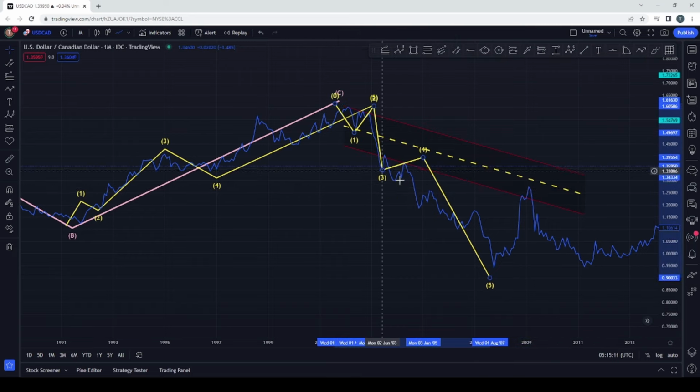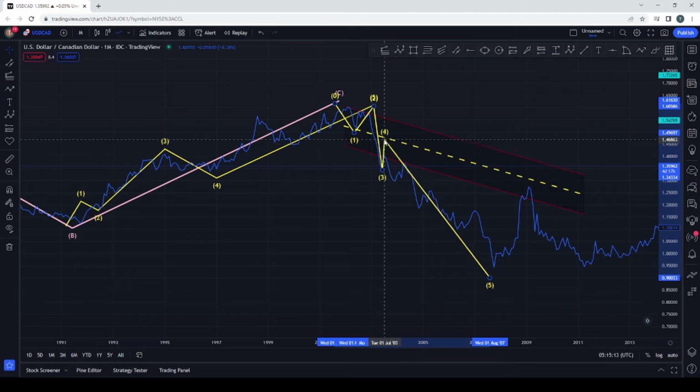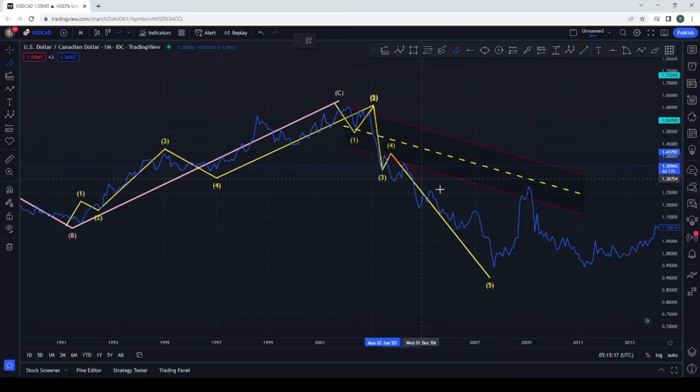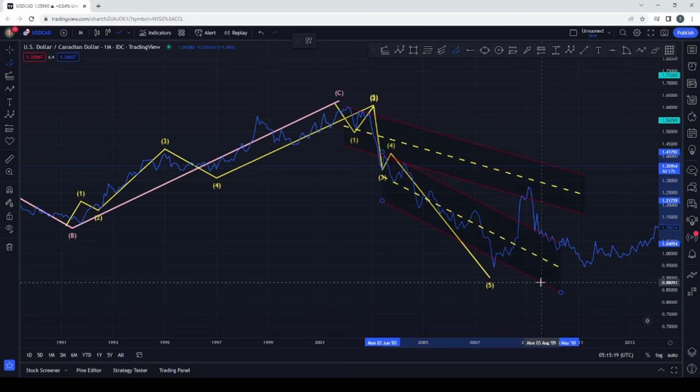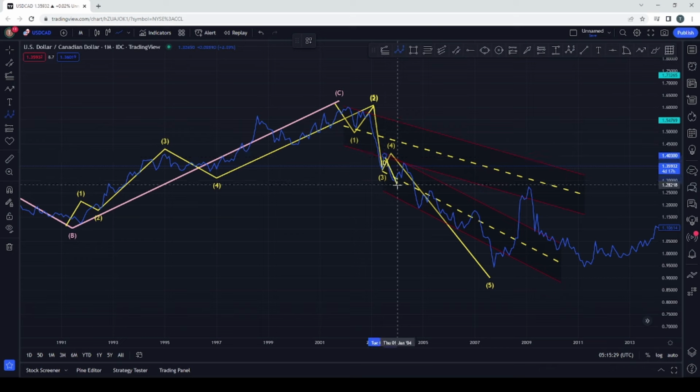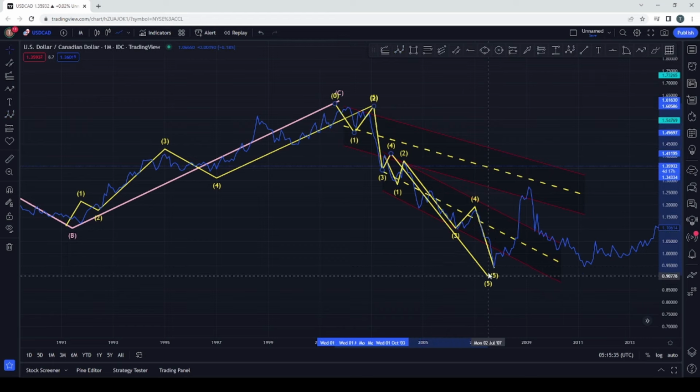This is the third wave, then the fourth wave starts from here. So this is the first, second, third, fourth, fifth.